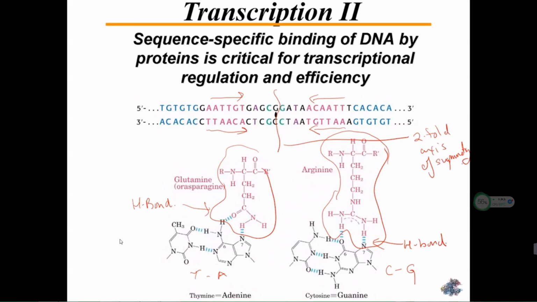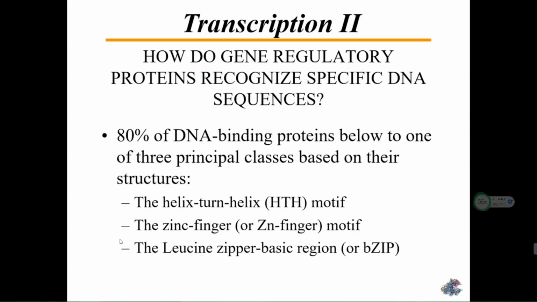Okay, so how do gene regulatory proteins recognize these specific DNA binding sequences? So again, these structural motifs, we've already identified one, the helix turn helix, but there's two other different motifs that are commonly found amongst DNA proteins.